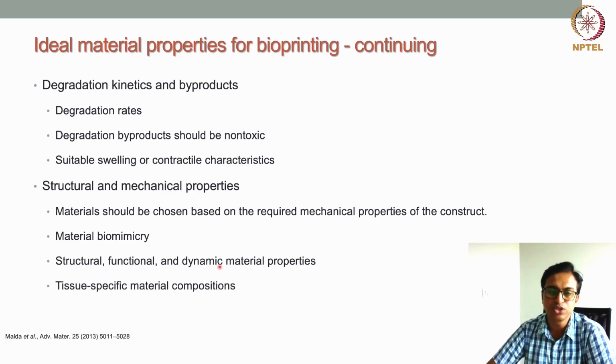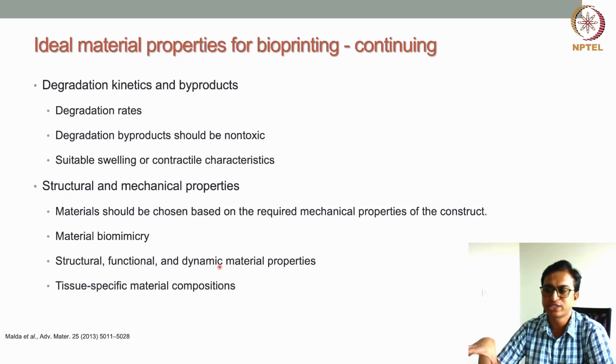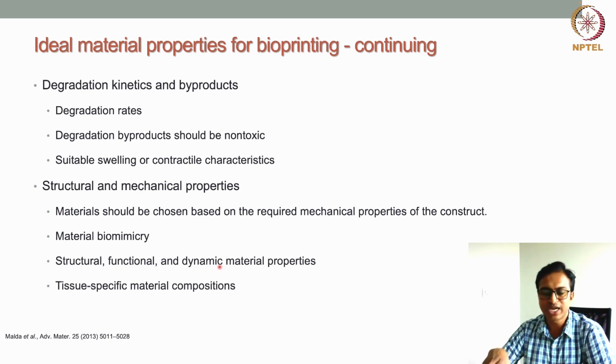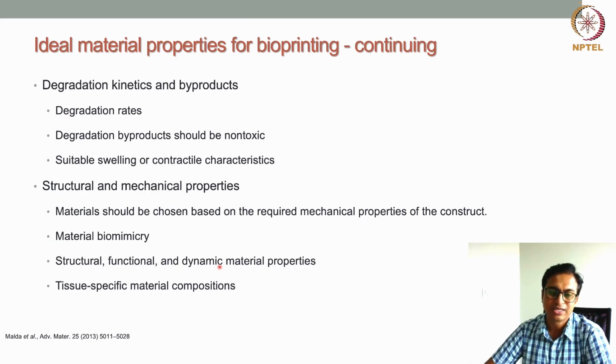So the materials should mimic the chemical nature of that matrix, so that when you put the cells on the bioink or material, the cells can experience a similar chemical milieu or microenvironment, so that they can grow and function.